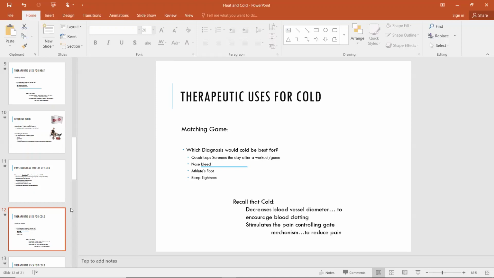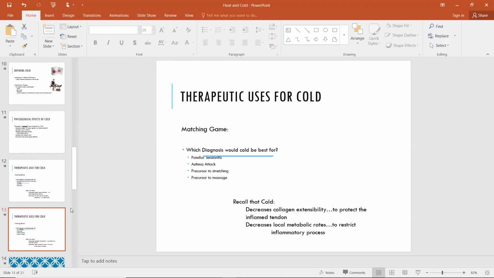However, quadricep soreness the day after a workout or game, that would probably help, because it helps reduce that swelling, decrease that blood vessel diameter, and help with the soreness after a workout. But yeah, the nosebleed, I could see where you could get that as well. But yeah, just try the heel hit. Let me know if it works. You'll be freaked out just like I was.